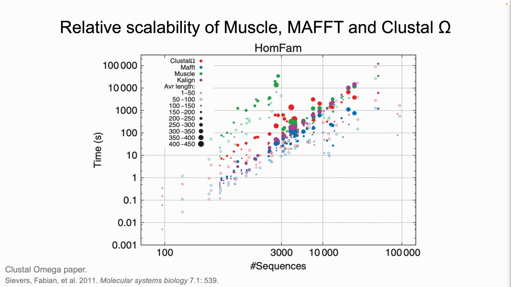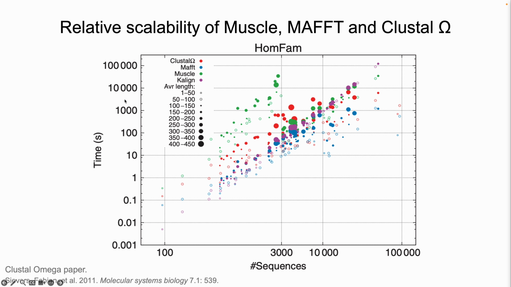If you look at the scalability of these, we've got how many sequences versus how much time it takes to align them. The dots are the average sequence length, so big dots are longer sequences.